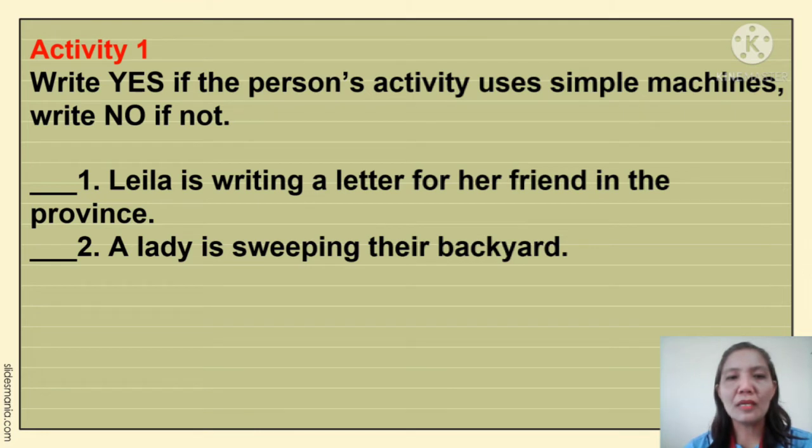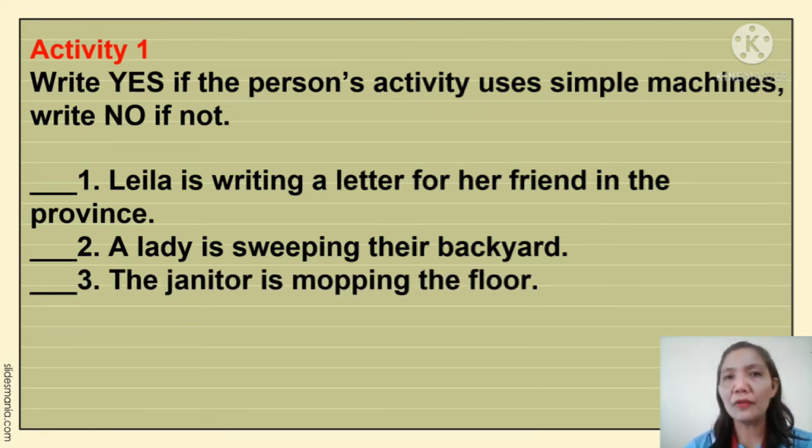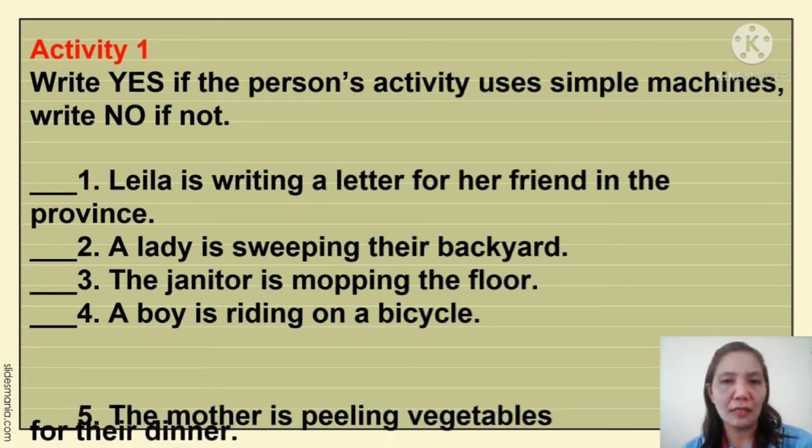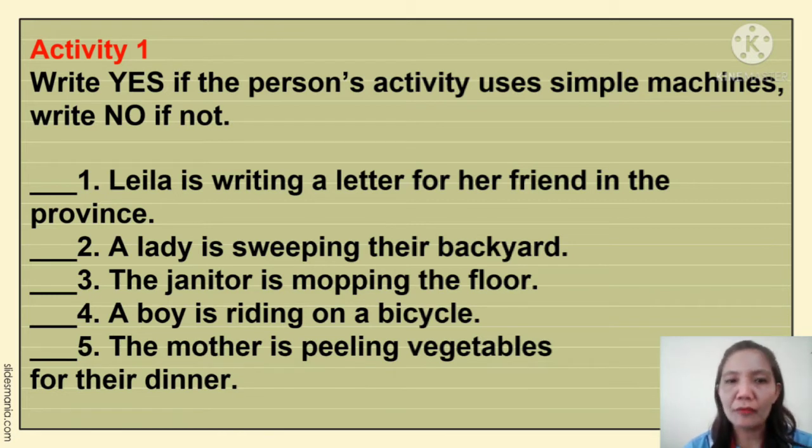A lady is sweeping their backyard. Number 3. The janitor is mopping the floor. Number 4. A boy is riding on a bicycle. And number 5. The mother is peeling vegetables for their dinner.